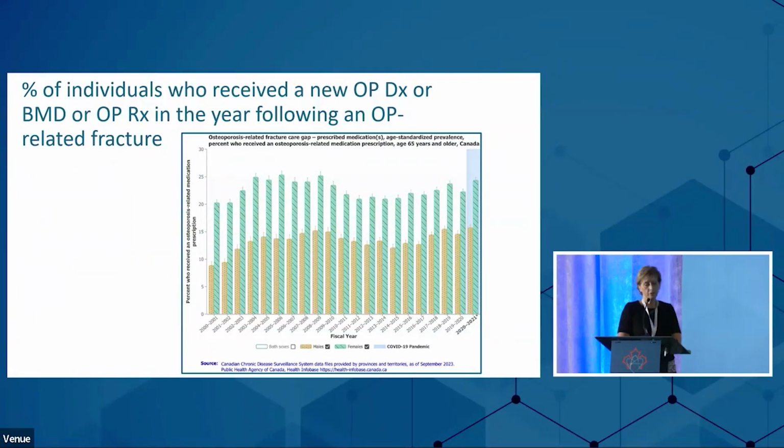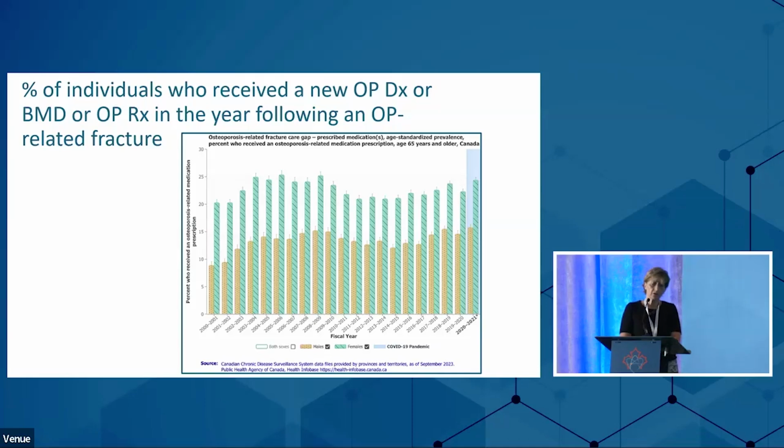In the year following a fracture of the hip, spine, wrist, pelvis or shoulder, 25% of women or so receive treatment, and approximately 10 to 15% of men receive treatment. This is just treatment. BMD is actually worse, and I haven't shown it, but men receive a BMD in 5% of the cases.